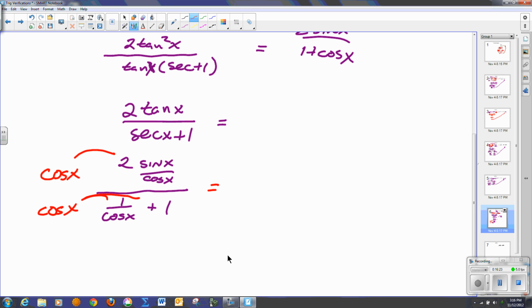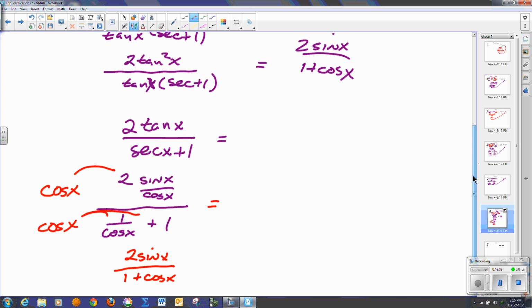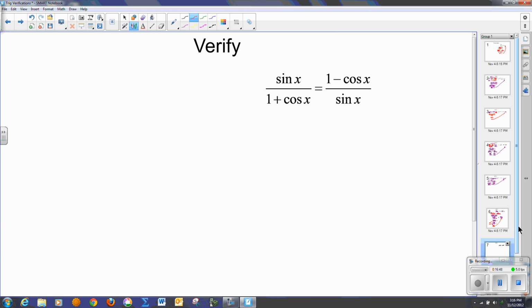I end up with 2 sine of x in the numerator. In the bottom I have 1 plus cosine of x. And if I'm not mistaken, that's exactly what I'm looking for. There we have it. Let's do another one.